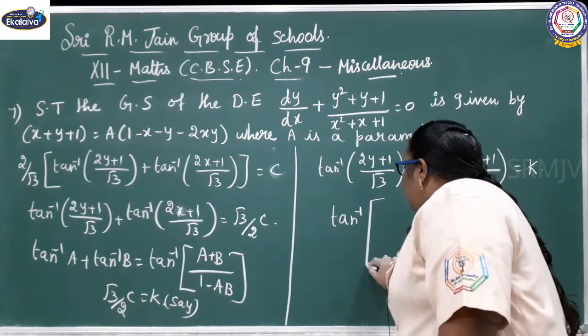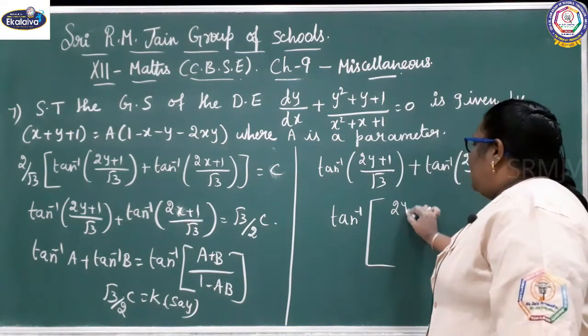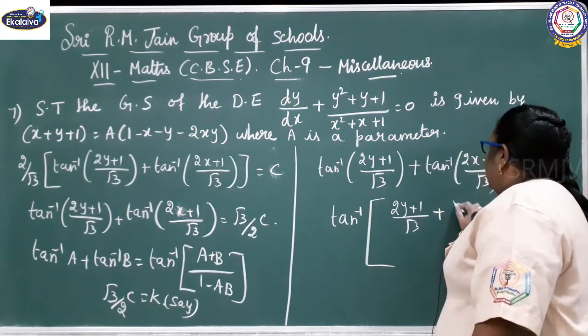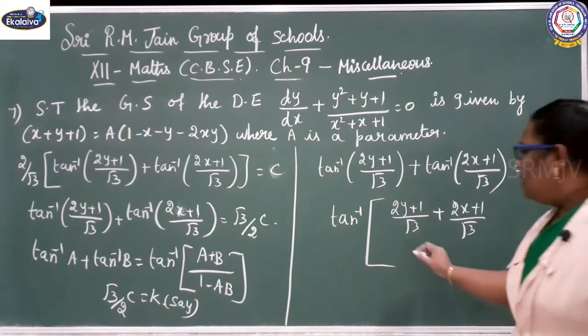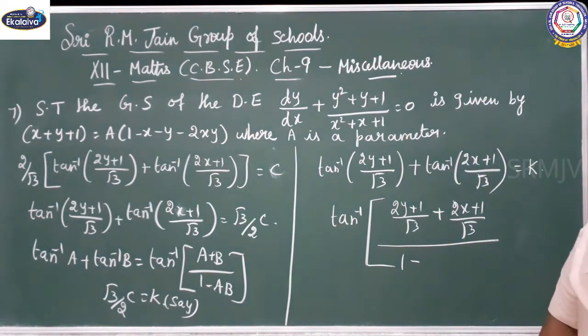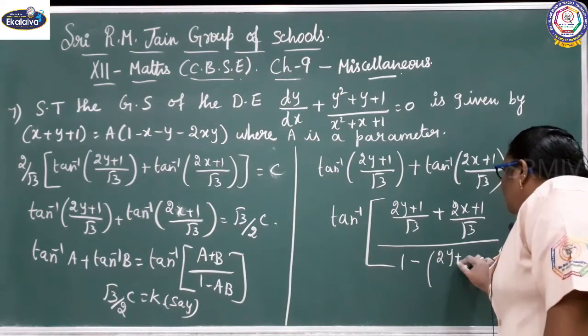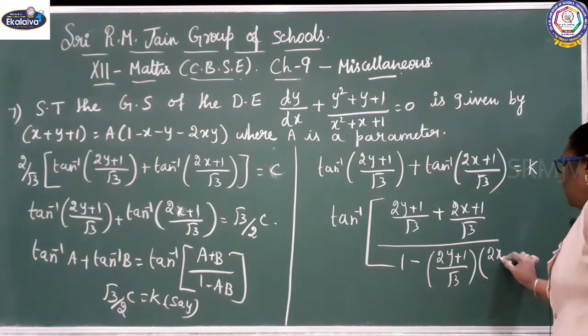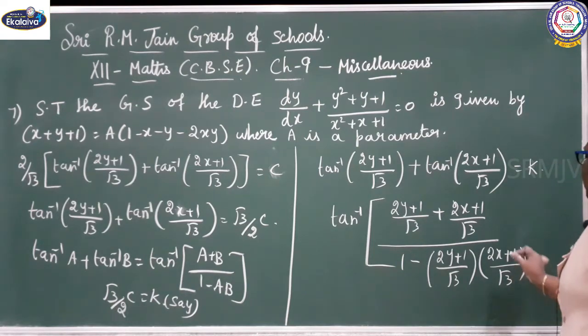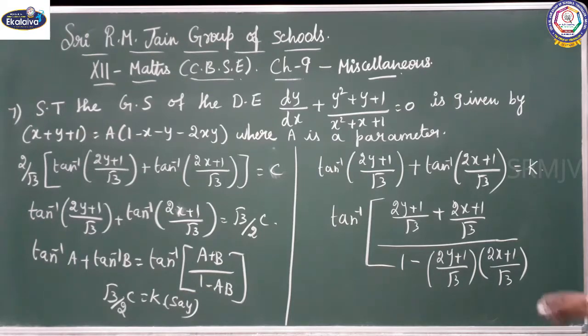Tan inverse of A plus B by 1 minus AB, where A is 2y plus 1 by root 3 and B is 2x plus 1 by root 3, equals K.